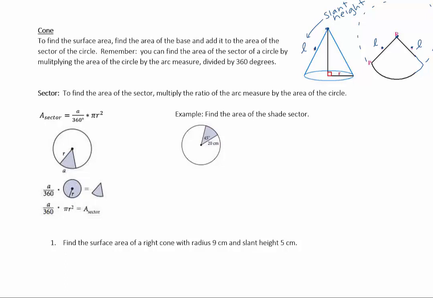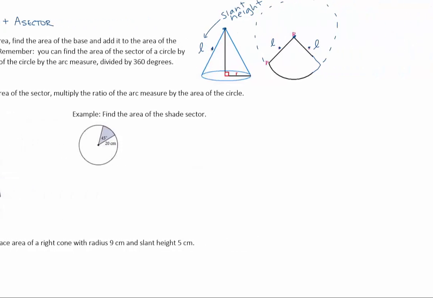So to figure out what our formula is for surface area, we know that the surface area has to be the base plus the area of that sector. And so let's figure out what the area of the sector is. Let's just get kind of generic.